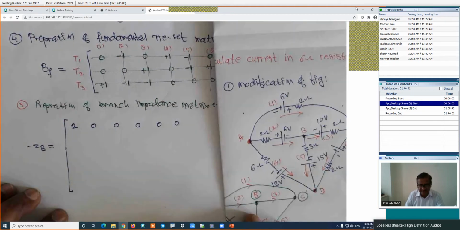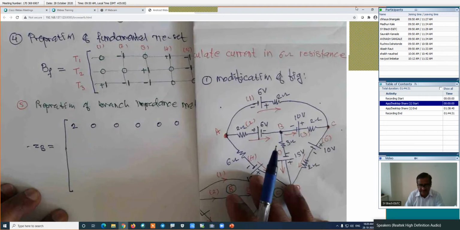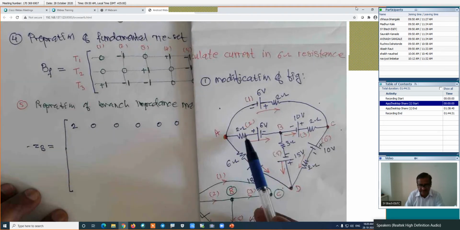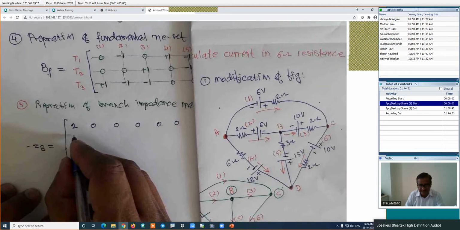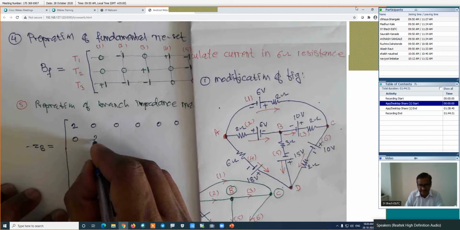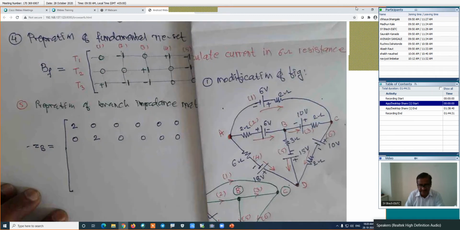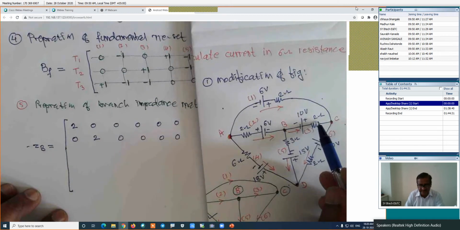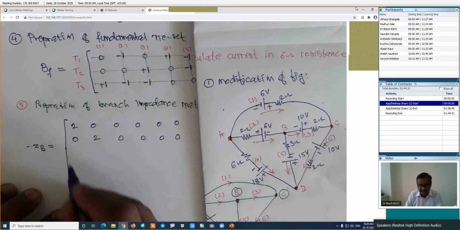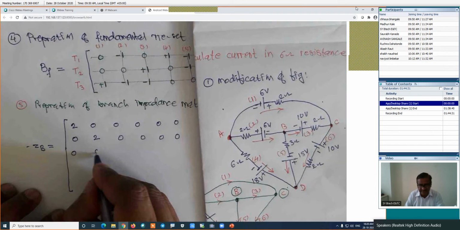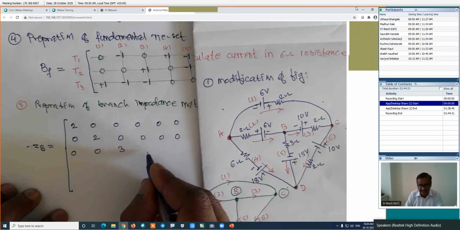Similarly, how much is the impedance of the second branch? Look here. This is the second branch, 2 ohm. This is again 0, 2, 0, 0, 0, 0. The impedance of the third branch is again 2 ohm. Is it right? That's why again it is 0, 0, 2, 0, 0, 0.